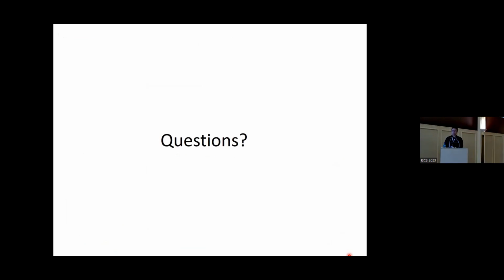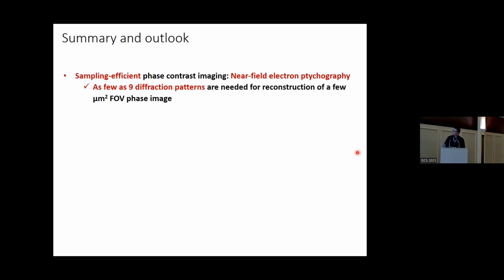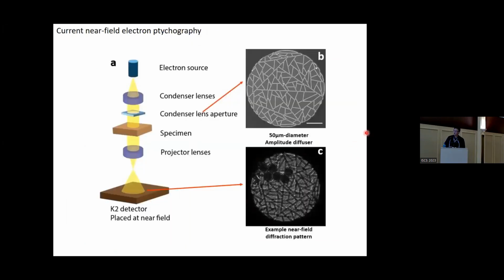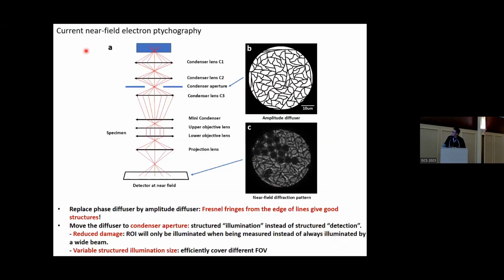Thanks for your talk. Maybe a very naive question about the amplitude diffuser. Is this a normal DOE, diffractive optical element, or what is it exactly? The amplitude diffuser still consists of silicon nitride, and I think it's better to show you on the design profile.